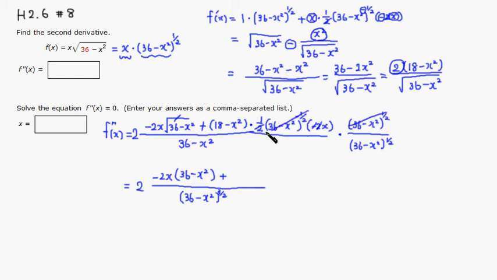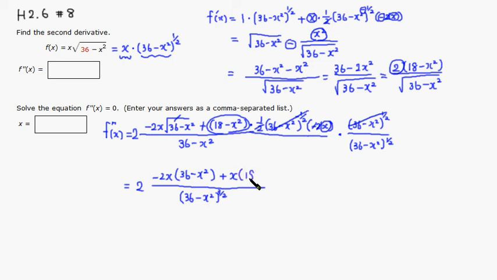So what we have is, there's still x left over here, so don't forget to write x. All right, then you have quantity 18 minus x squared.